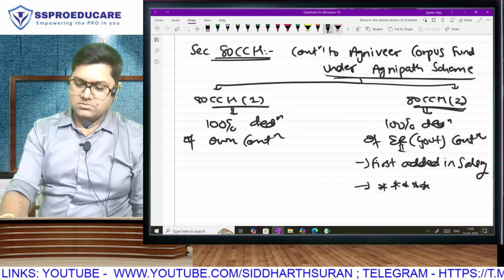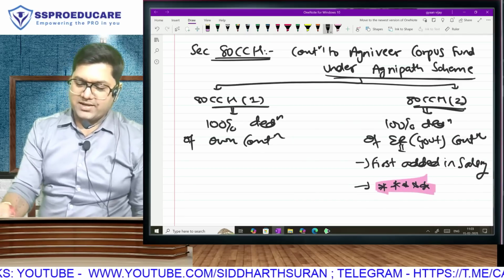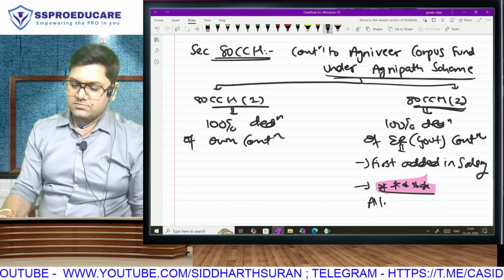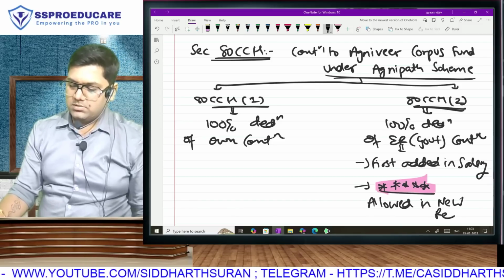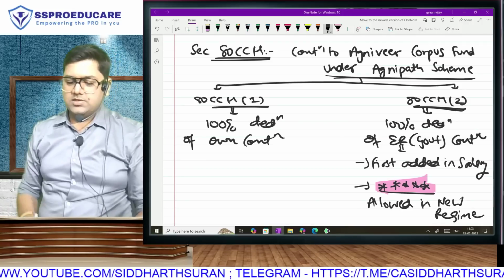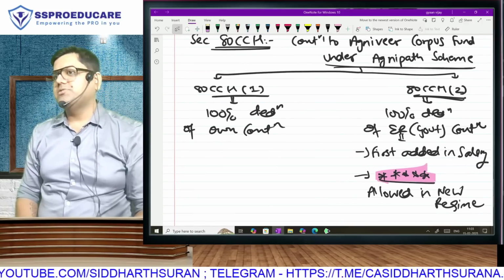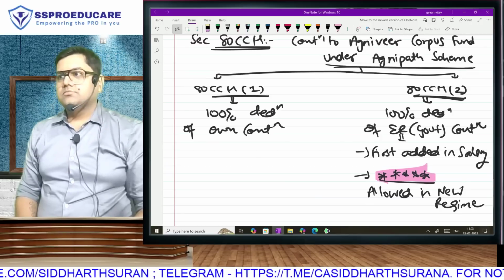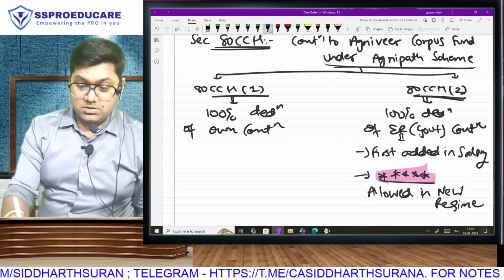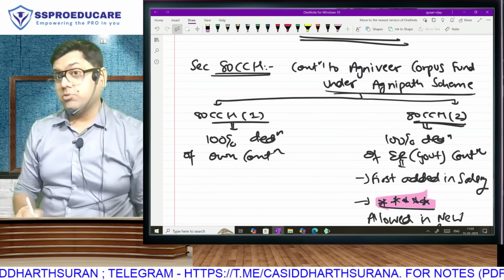guess karo. The second case where it is going to be allowed in new regime. Second case of allowing in new regime. But be clear, only the employer contribution. Why?